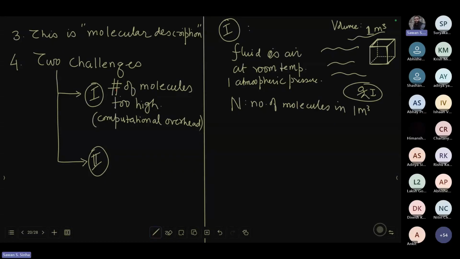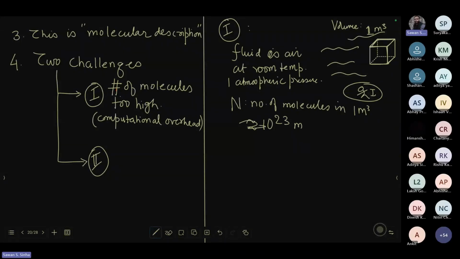So why am I choosing 1 meter cube? Because your domain will be like that, 1 meter cube, 5 meter cubes, right? If you are considering a car moving on a highway, the volume of the domain is like 2 meters, 3 meters cube. So similar order. How high is this number? This is of order 10 to the power 23 molecules.